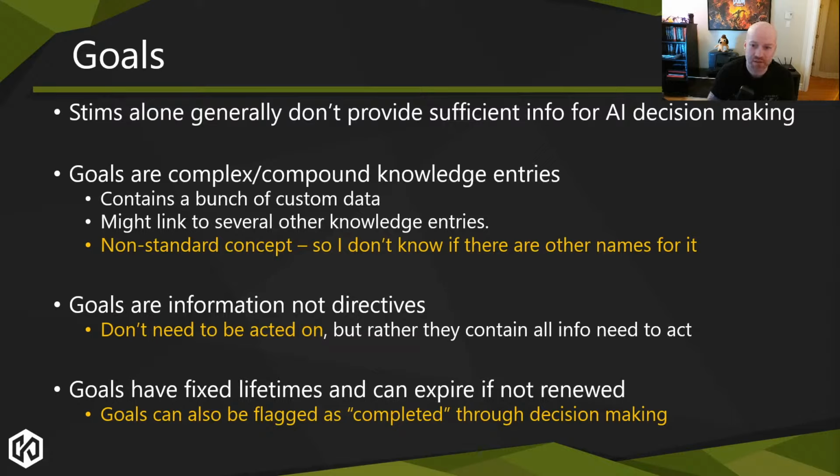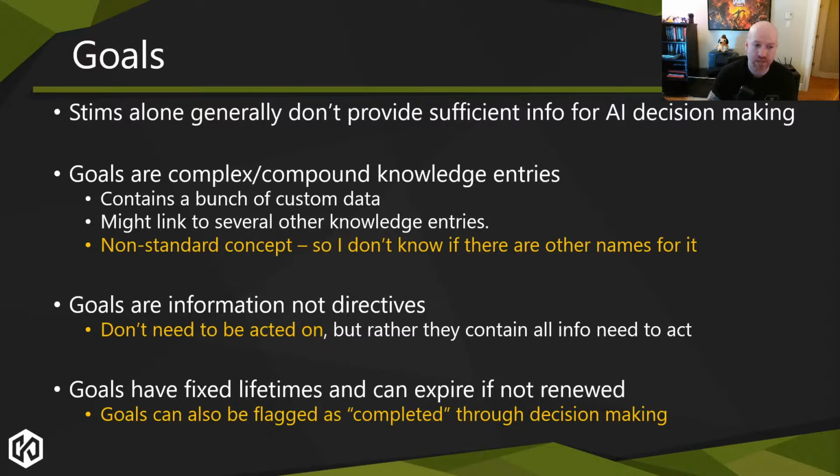If I have an investigation goal, it will tell me here are all the points of interest that you can search within 10 meters. And that's a search goal. It's basically saying here are things that you can do, plus all the information you need to do them. But it's not something that you have to do. It's just more complex data.